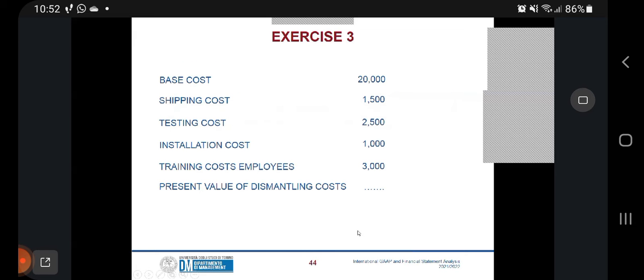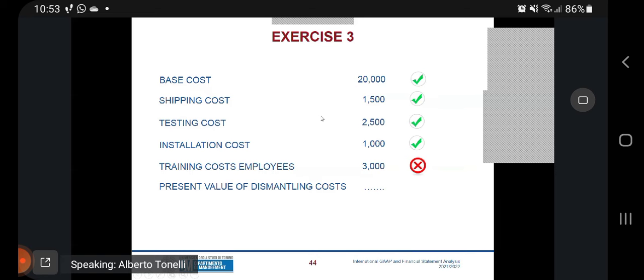First step, we have to identify the historical cost that has to be recognized in the balance sheet. Again, base cost 20,000, shipping cost 1.5 thousand, testing cost, another attributable charge, 2.5 thousand, installation cost again 1,000, and then obviously you don't have to consider training costs for employees 3,000.